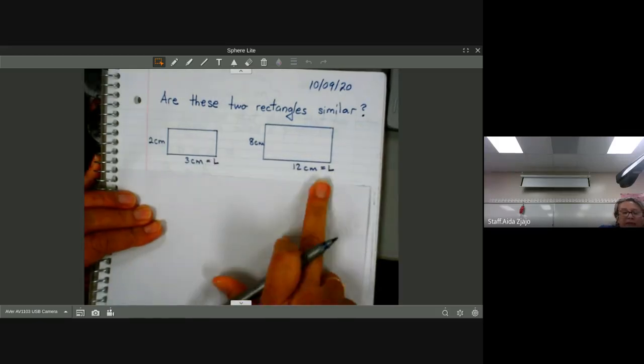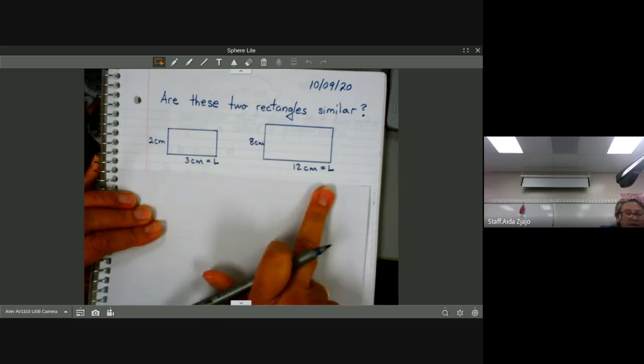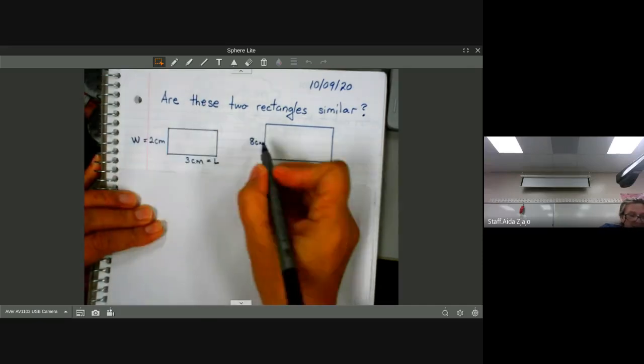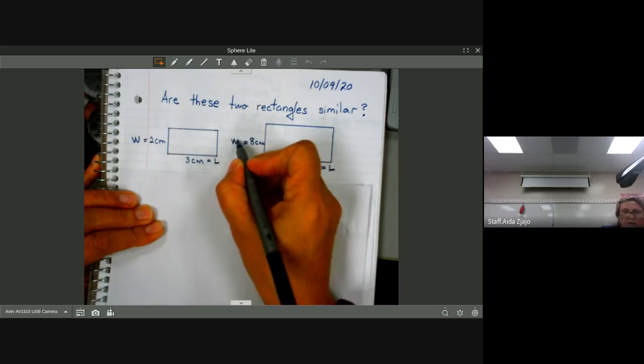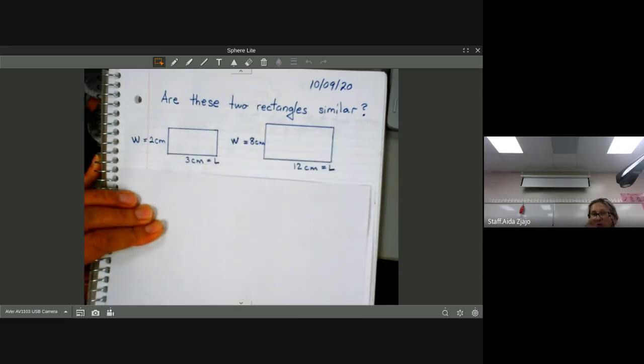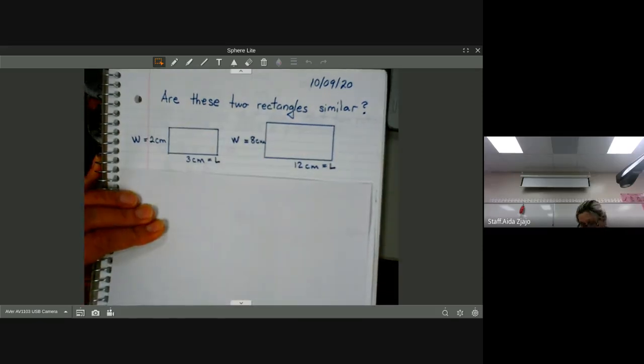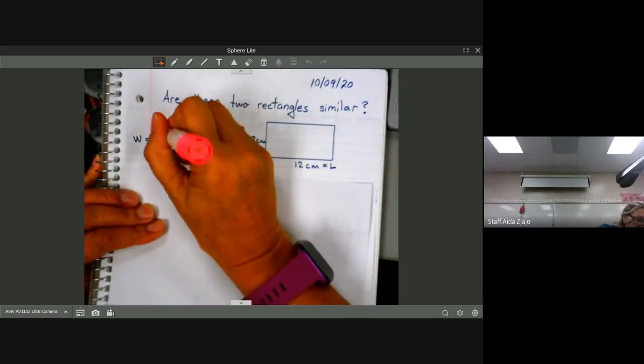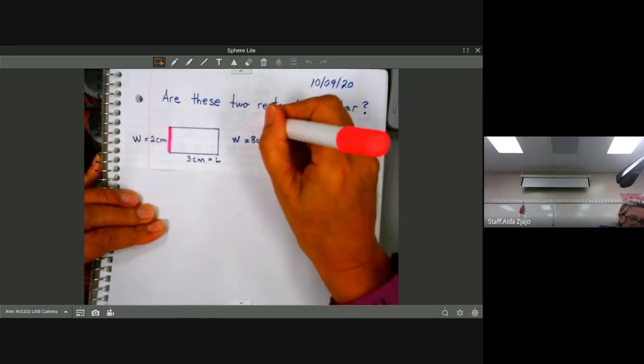So I'm going to compare length to length, and width to width. It's important that if things are proportional, you can get from 2 to 8.